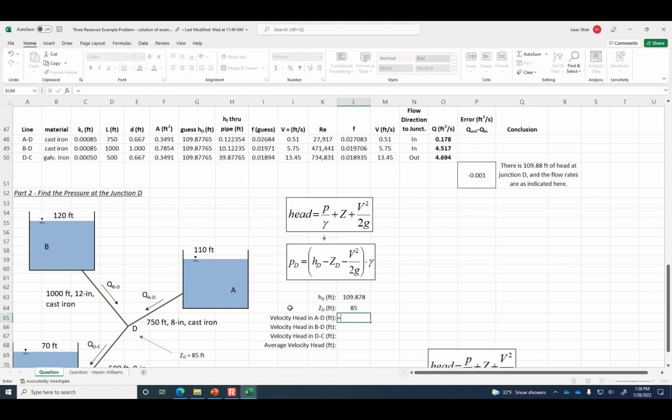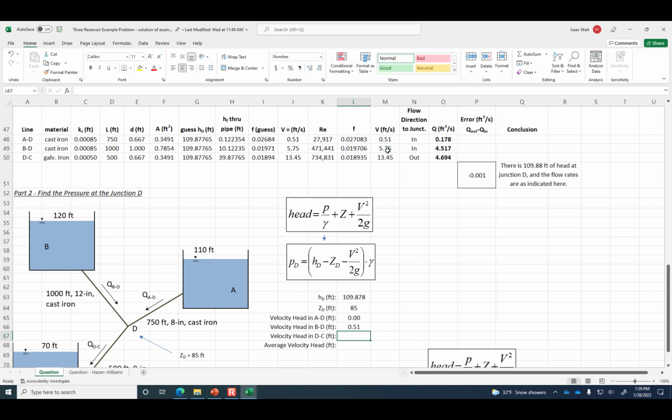So the velocity head at D is, here's the velocity in AD, that squared divided by 2g, 32.2 for g. And then the velocity head in BD is the velocity through pipe BD squared divided by 2g.